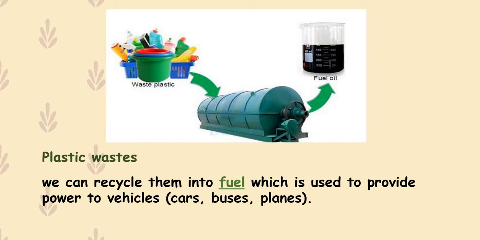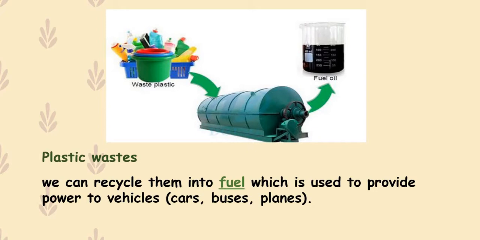Plastic wastes, like a plastic bottle that contains detergent or the cleaner that we use to clean our home. All of that plastic waste, we can take it again and recycle it into fuel.